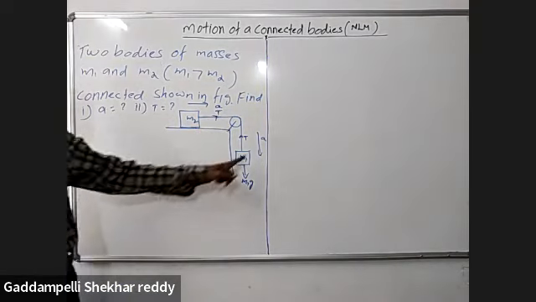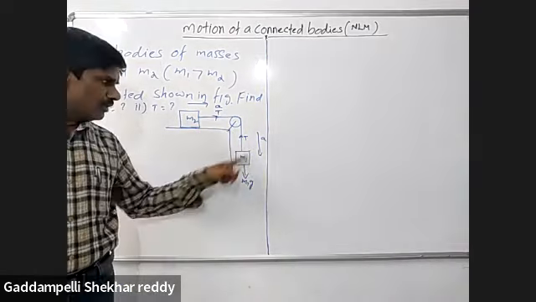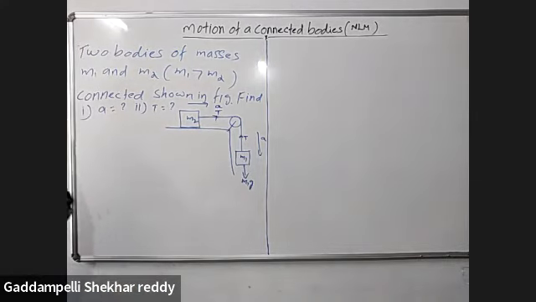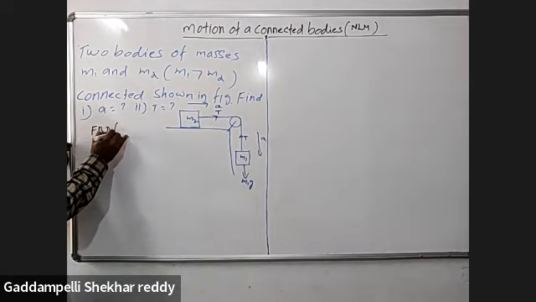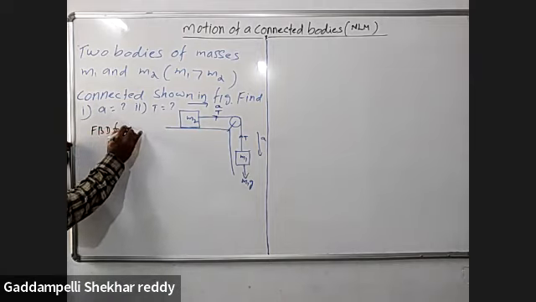Now we draw the free body diagrams of the system. First we draw the FBD for mass M1.